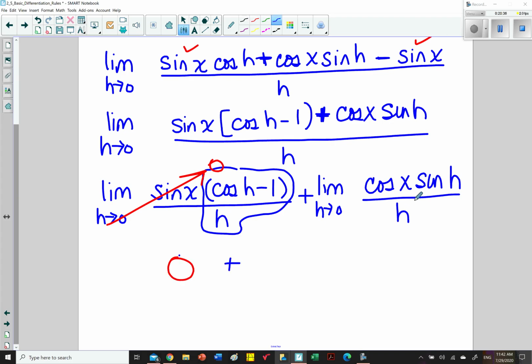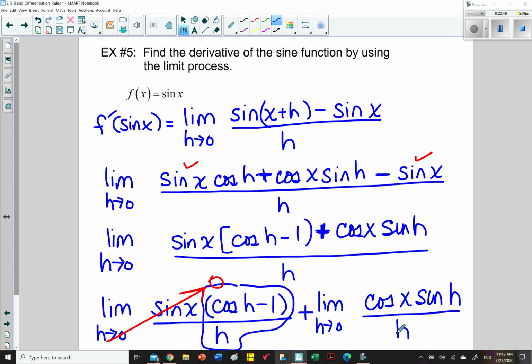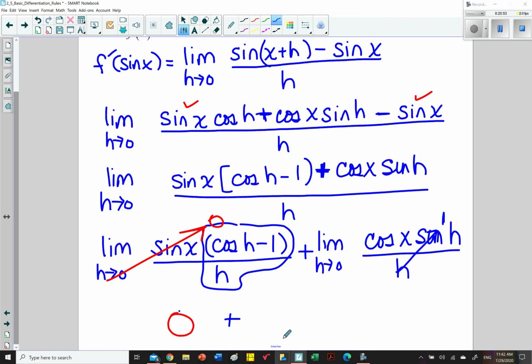Plus, we have this limit. So there's that rule again. The sine of h over h, the limit as h goes to 0, we said is 1. So this piece is 1. And we have cosine times 1.